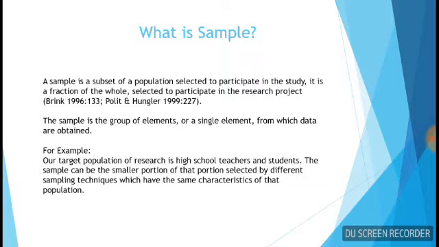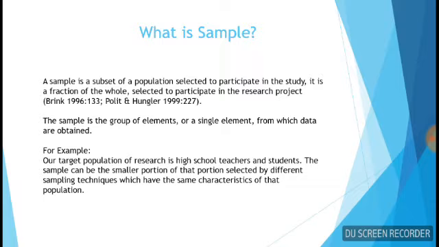Then we are going to discuss what is sample. A sample is a subset of a population selected to participate in the study. It is a fraction of the whole selected to participate in the research. So it is a subset of the whole, meaning it is a part of the whole population.